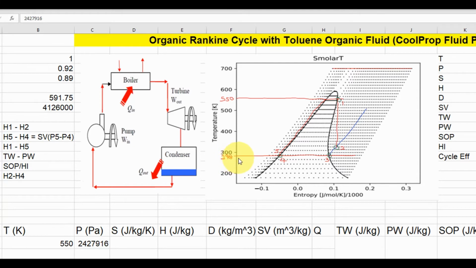Following the constant pressure line, the pressure at the condenser point will be the same as the pressure at point 2. Obviously at point 2, the working fluid is superheated. So we are going to find all the properties of the fluid at point 1, point 2, point 3, point 4, and point 5.